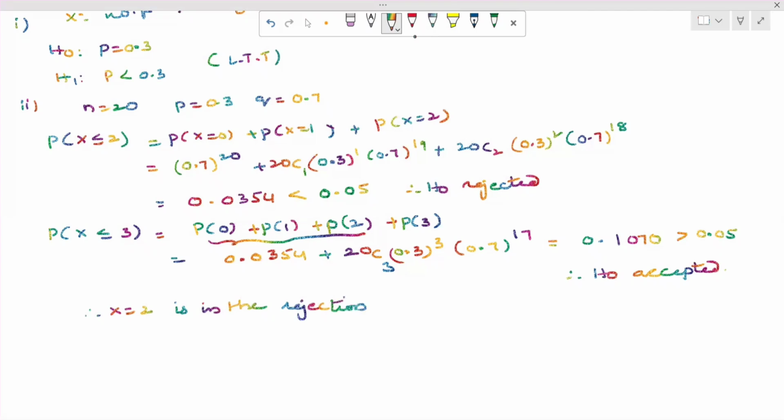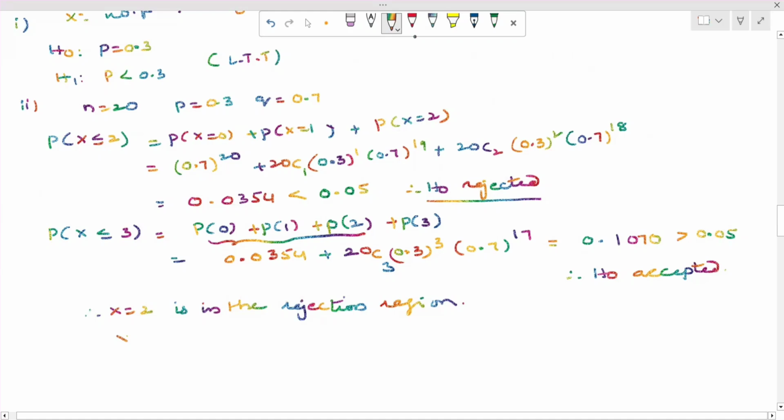So the critical value will be 2 only, and X equals 3 is the acceptance region. X equals 3 is in the accepted region.